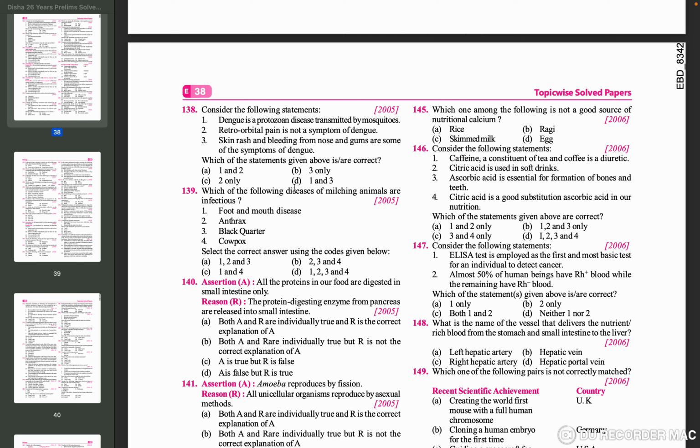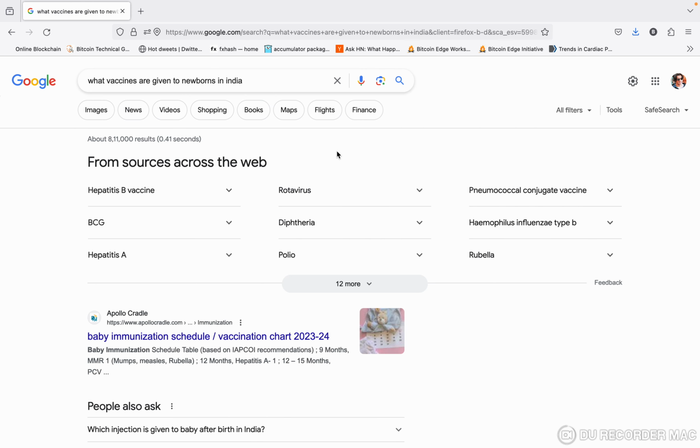Also we learned about hepatitis. Hepatitis B happens through a virus, and this causes jaundice, and this is vaccinated in India, along with diphtheria, BCG, polio.